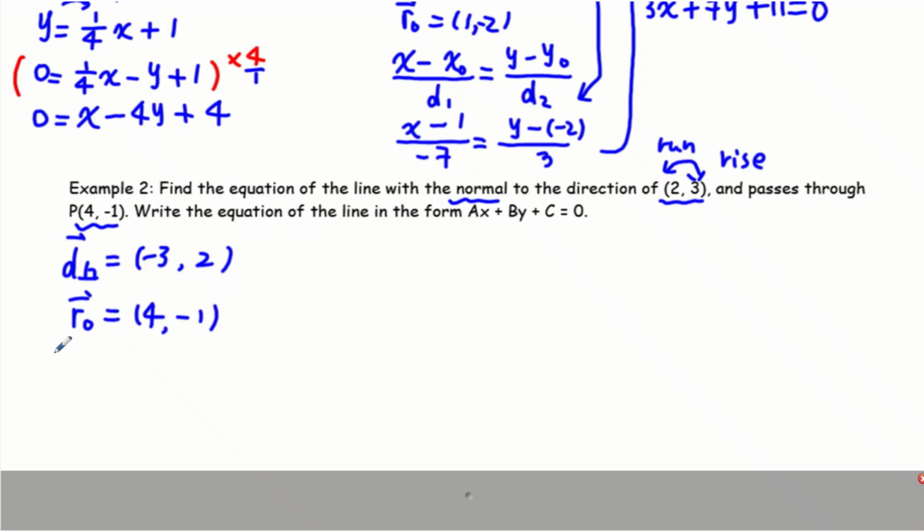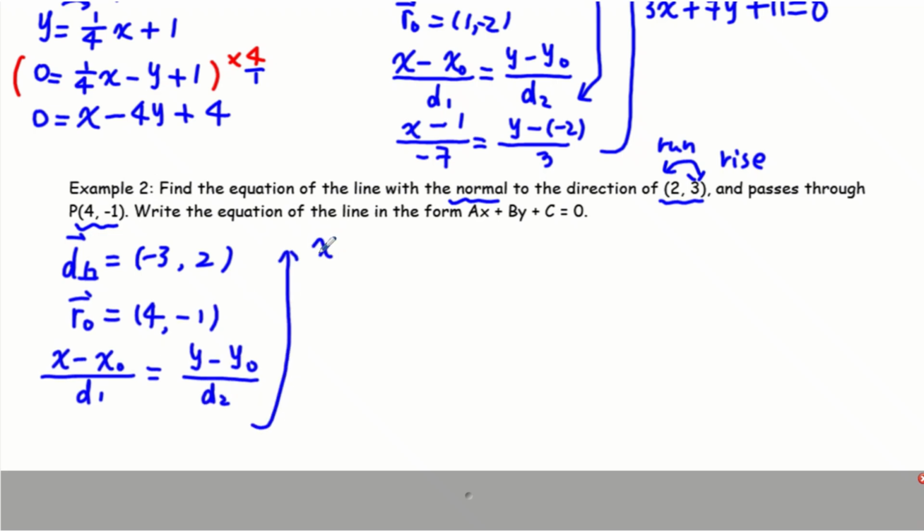So we use a symmetric equation again, x minus x0 over d1 equals y minus y0 over d2, then sub in: x minus 4 over negative 3 equals y minus y0 is plus 1 over d2 is 2. Cross multiply and simplify.